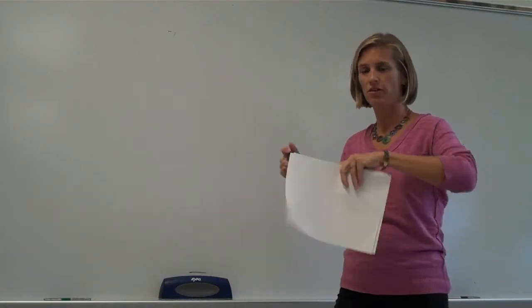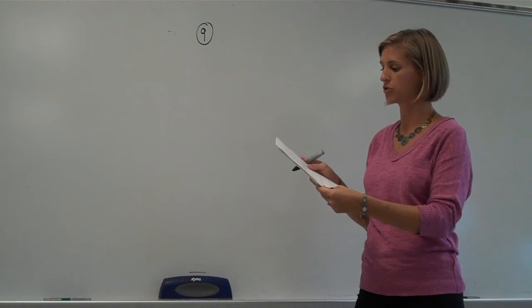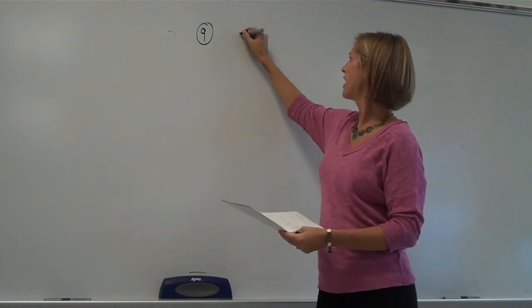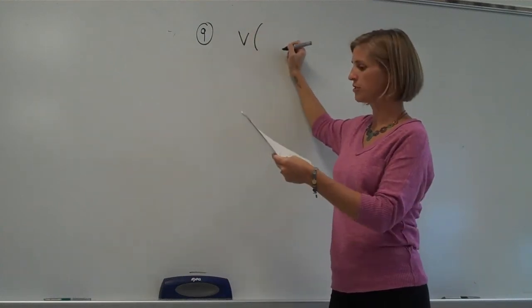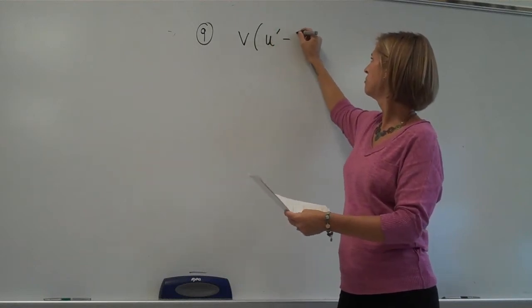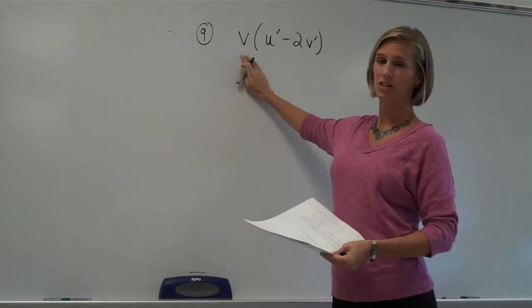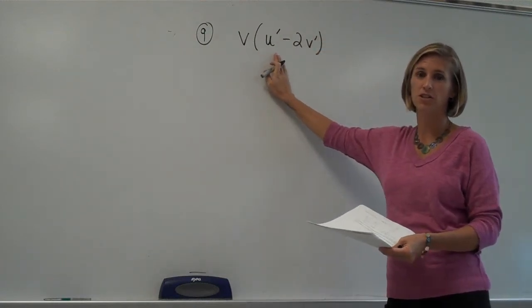For 9, I'll go through the answer. To take the derivative of that, it's a quotient, so I need the quotient rule. So I would have the bottom times the derivative of the top, and the derivative of the top would be u prime minus 2v prime. Be careful, these are functions, so when you take the derivative, I have to list it as u prime.